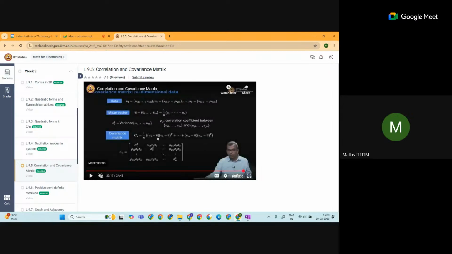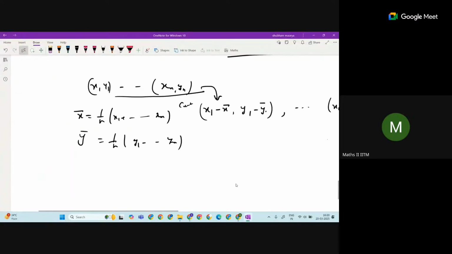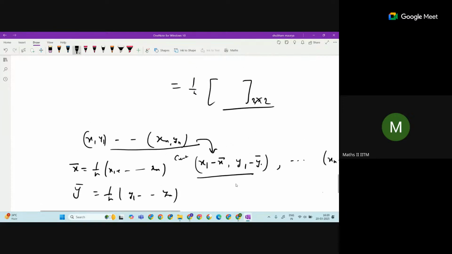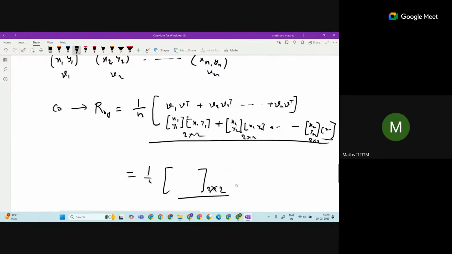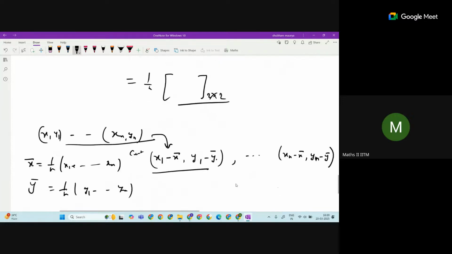We can use this formula. Whatever correlation matrix we wrote, if you use the centralized data, then it will be a covariance matrix. That's all. Here we did it without subtracting any mean. Once we subtract them, we get the updated data, the centralized data.